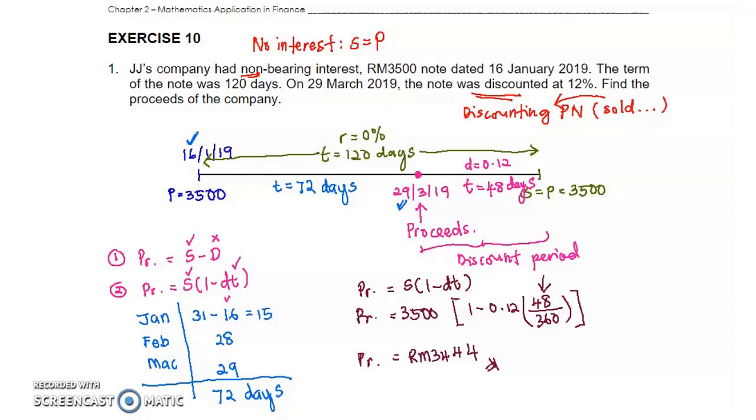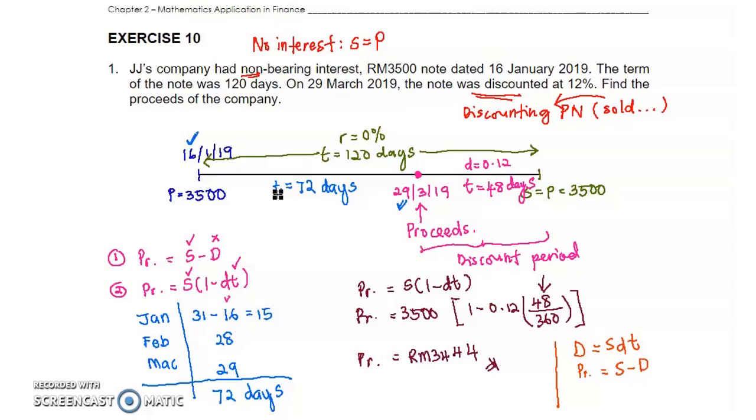Okay, let's say another question asks you about the amount of bank discount, D. D equal to SDT, or you also can use this formula. You rearrange formula number 1, proceeds equal to S minus D, making D the subject.